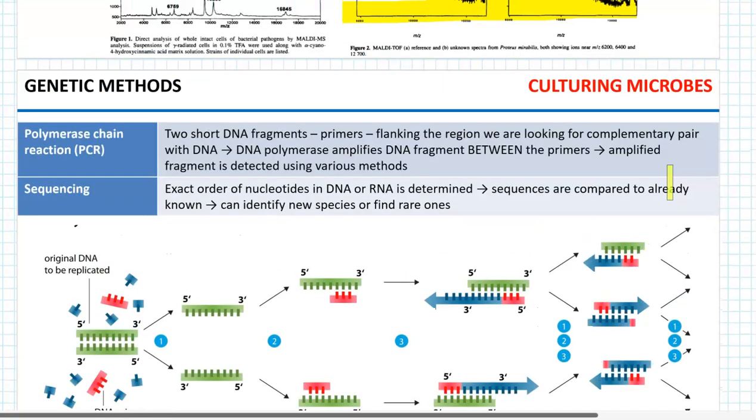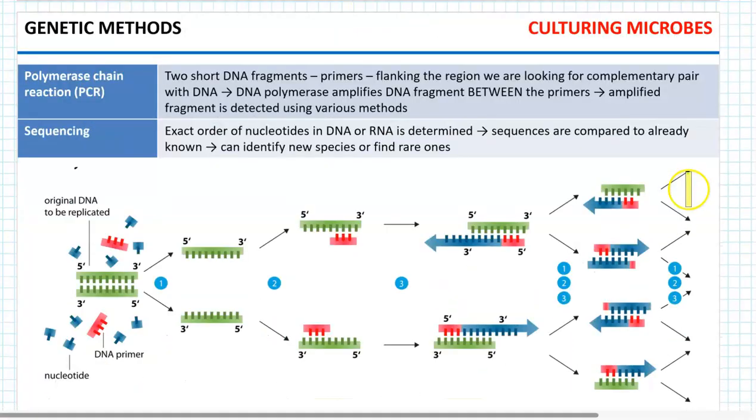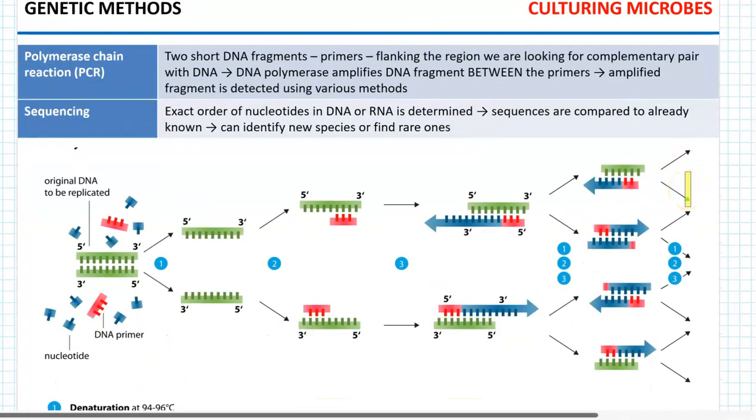Finally, genetic methods. So there are two that I want to highlight here. I believe you've heard the name of one of them. PCR, polymerase chain reaction. So here's the thing. There's an enzyme that can multiply DNA molecules called DNA polymerase.